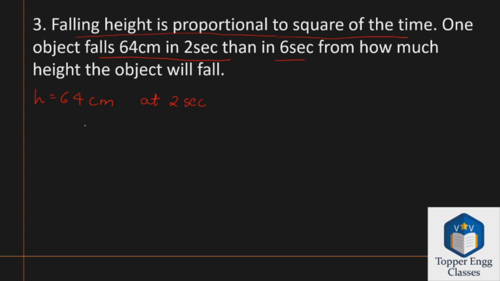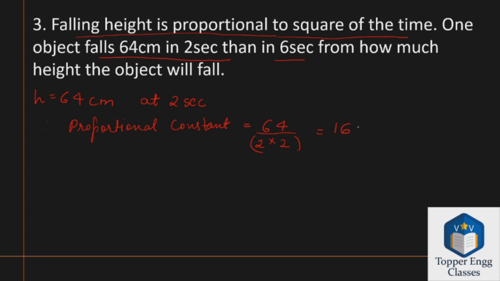That is the time. So the proportional constant is equal to 64 upon 2 into 2, that is nothing but equal to 16.